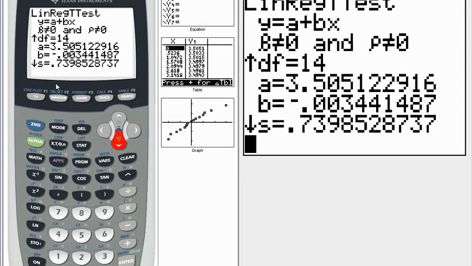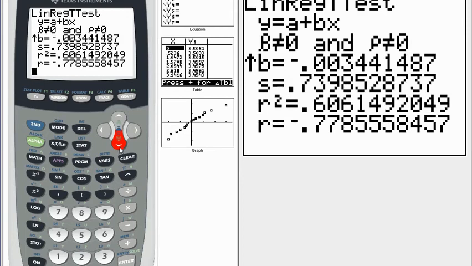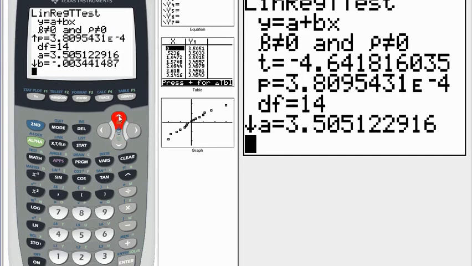And then you can see what my a was. That's the y-intercept, if you look at y equals a plus bx. I have my slope as well. I have my standard error of the residuals. I have my r squared. I have my r.